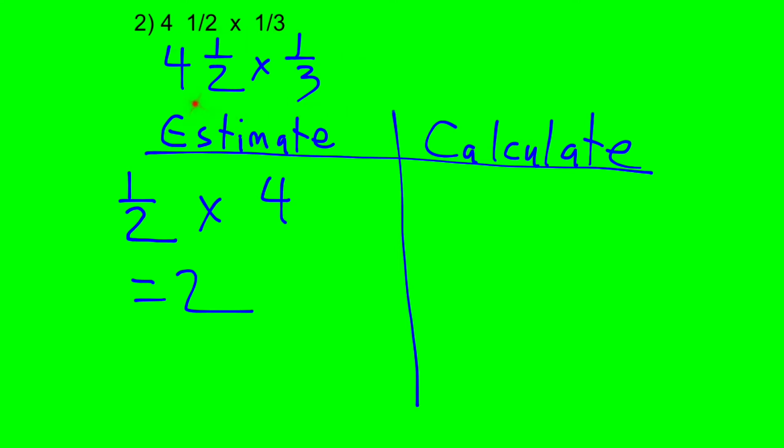Now the calculation. I have to change this into an improper fraction. So 4 times 2 is 8, plus 1 is 9. So that's going to be 9 over 2. 1/3 is a proper fraction, so I don't need to do anything with that. 9 over 2 times 1/3.